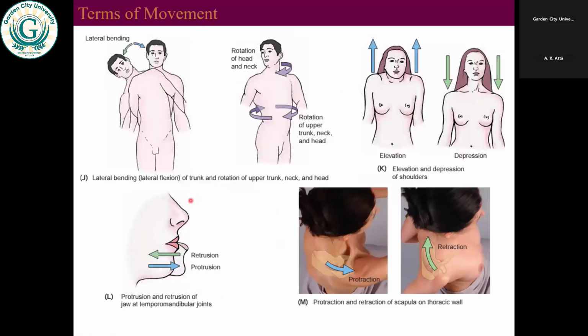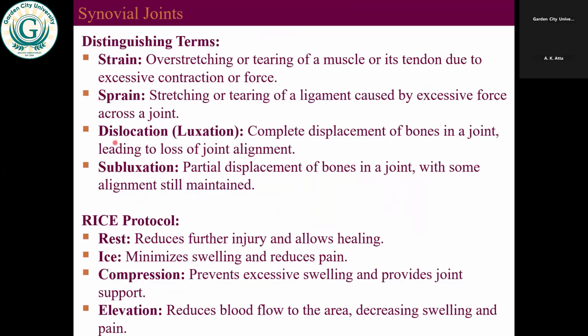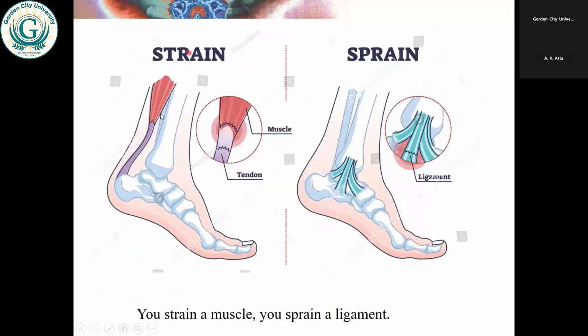Of course, you know a strain, you know a sprain. So this is a muscle. Muscles are connected to bone by tendons. Then bones are connected to bones by ligaments.